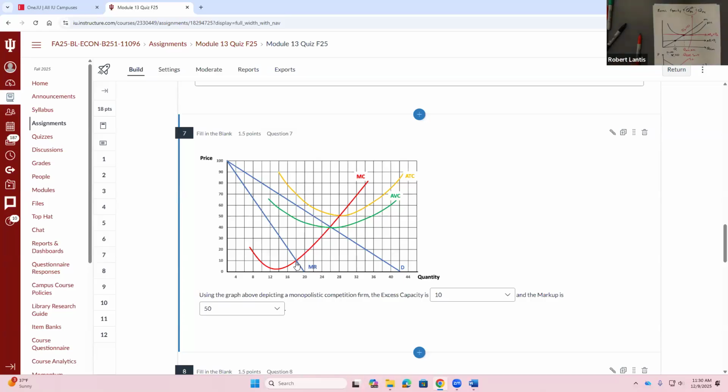Same decision, it's just they're facing a different marginal revenue curve than a perfectly competitive firm. So where does the monopolistically competitive firm choose to be? At a quantity of 18. So comparing that to where the long run perfectly competitive firm would be, 28, that excess capacity is 10. Okay. Does that answer the first part of your question?